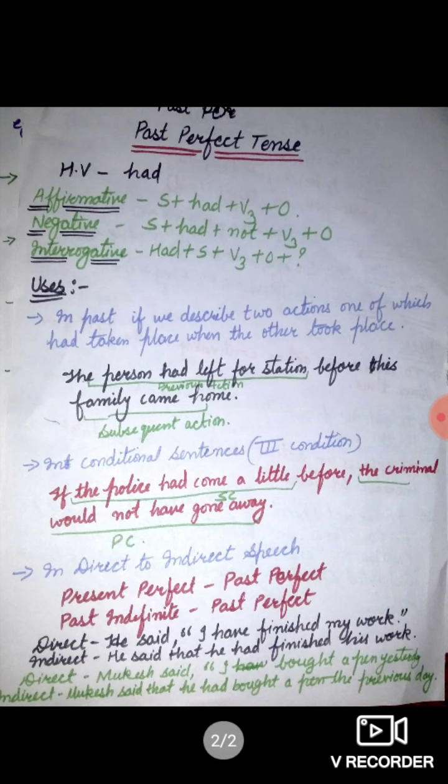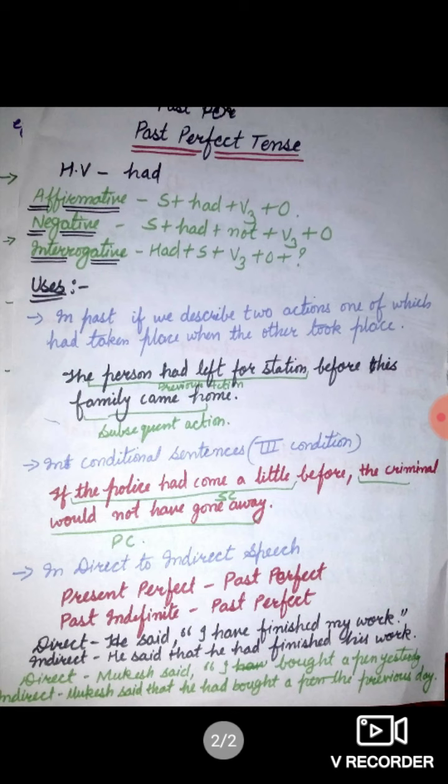Students, you have to remember the use of conditional. Third condition: in the subordinate clause, past perfect tense is used, and in the principal clause, would, should, could plus have plus V3 is used.